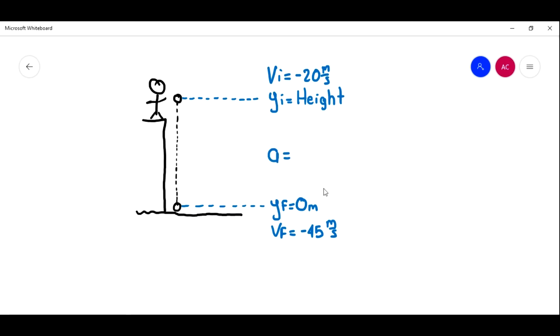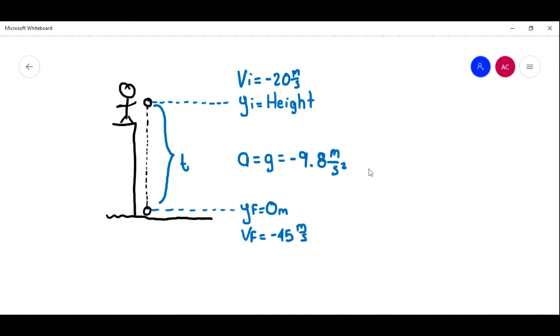Acceleration, remember, is the change in velocity. So acceleration is gravity, that is minus 9.8 meters per second squared. And also I'm going to have a time, the time that takes this object to go from here to the ground. And I believe that's all the data that I have.